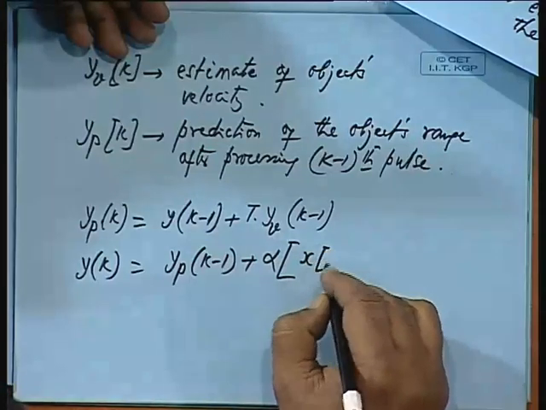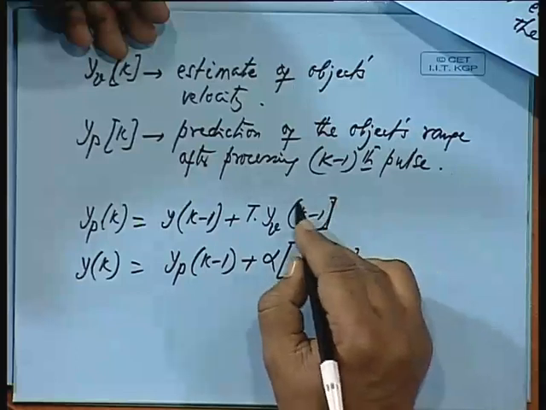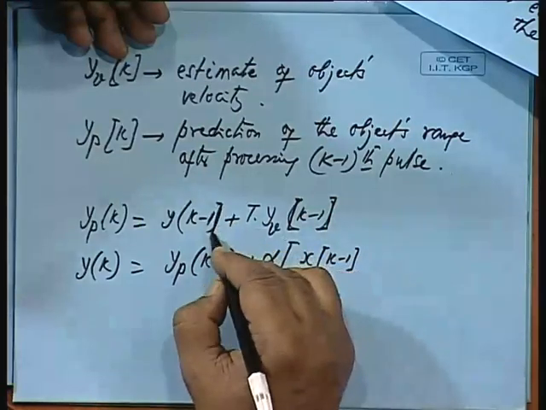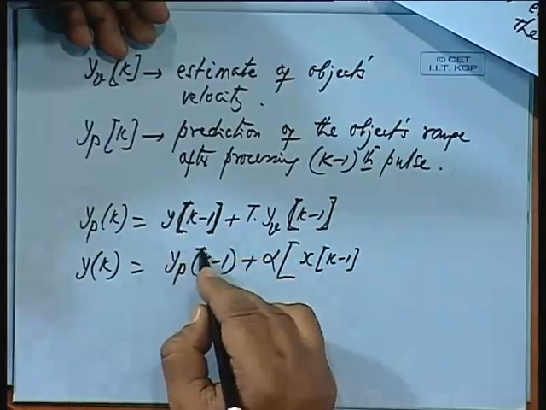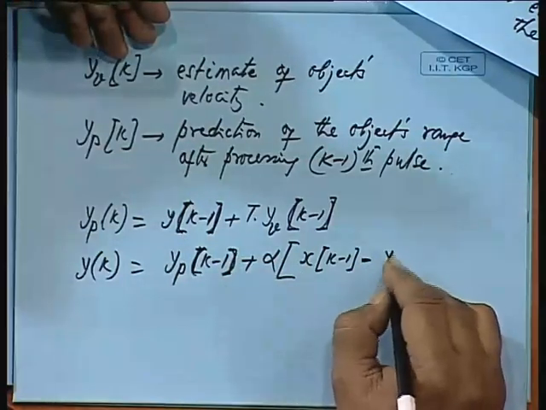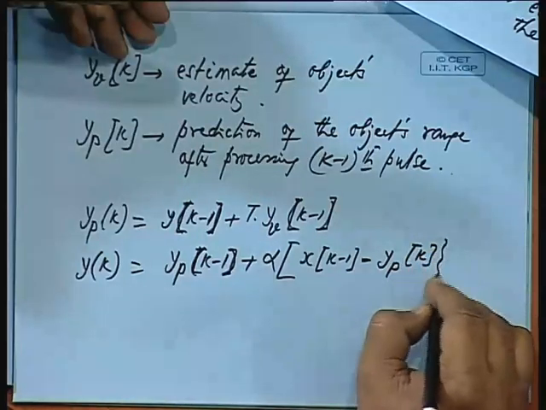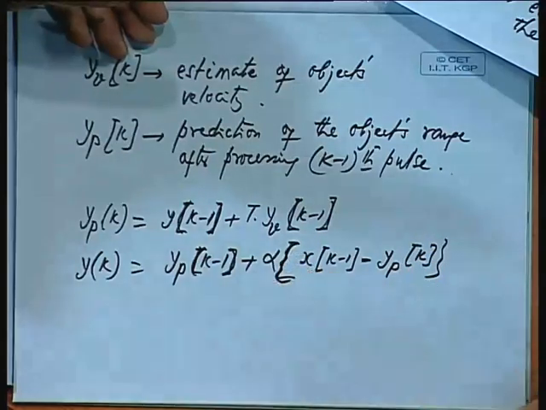Measurement, I am using third bracket, so let me be consistent, minus the prediction. Is that all right? This was the prediction error.